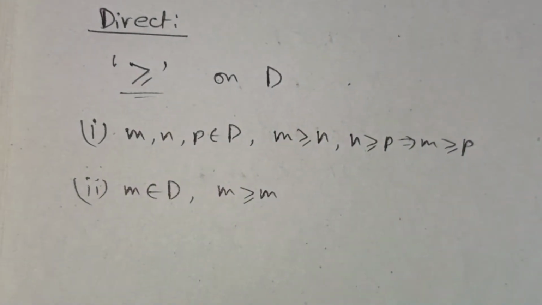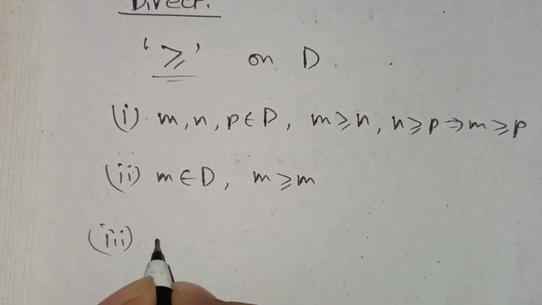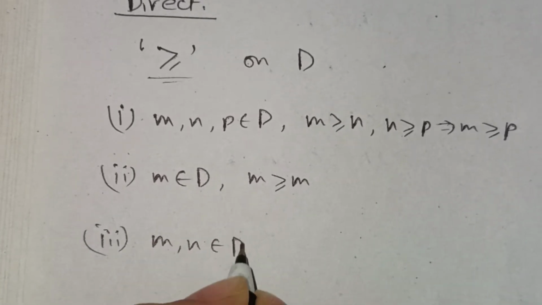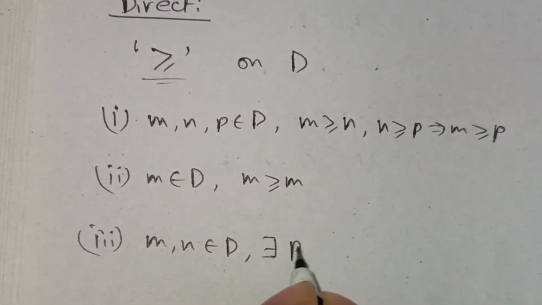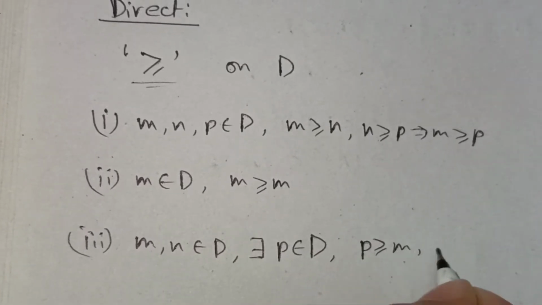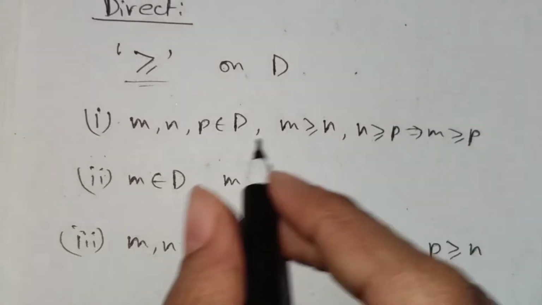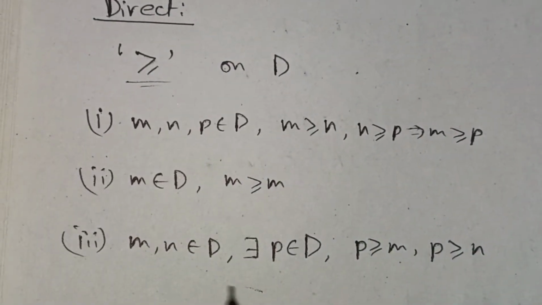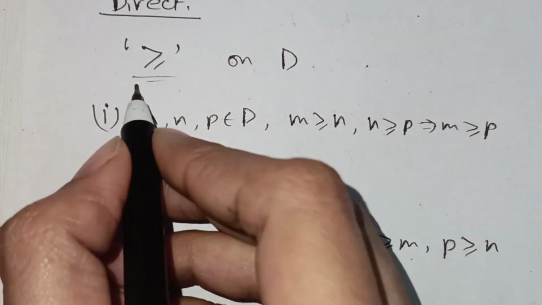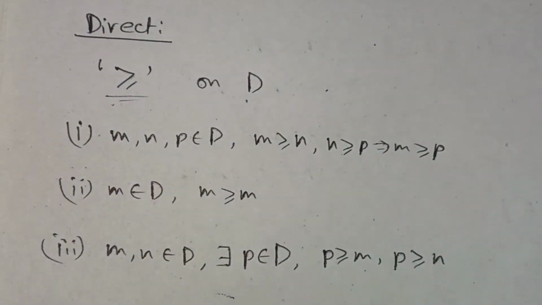And the third one is for any m, n belonging to D, there exists some p which is greater than both m and n. If all these conditions are satisfied, this relation is said to be a direct on D.